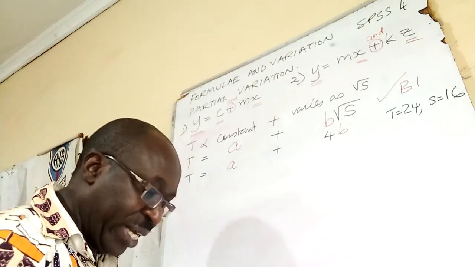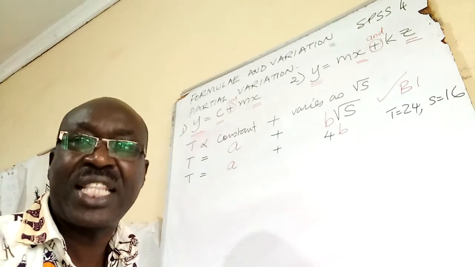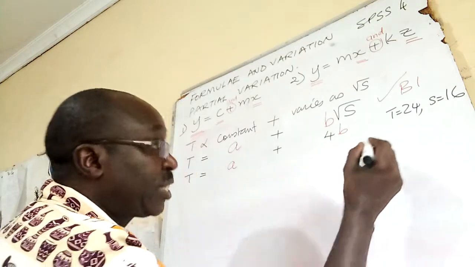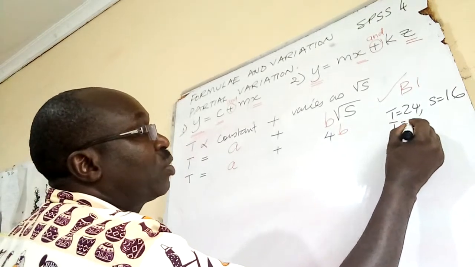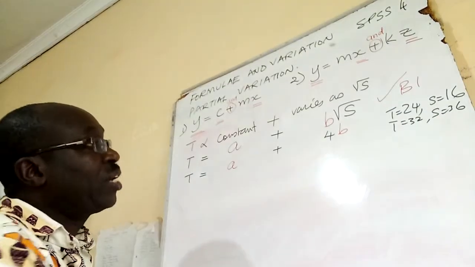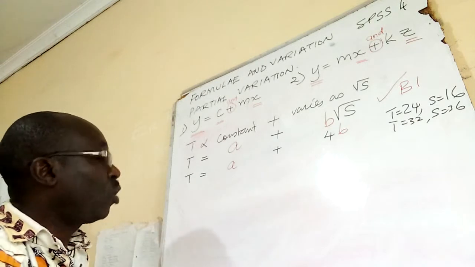Then he says T is 32 when S is 36. S is 36, T is 32. And I know square root of 36 is 6. So what do I do now here?